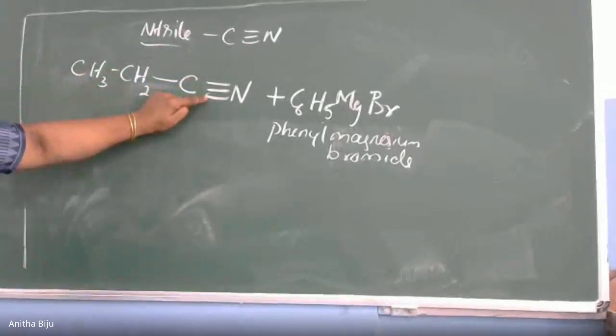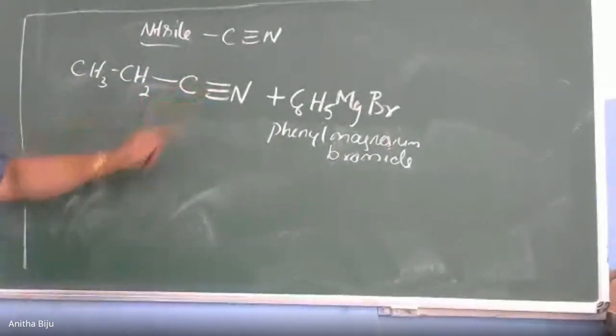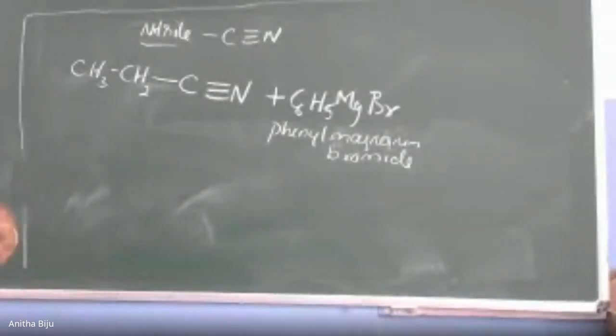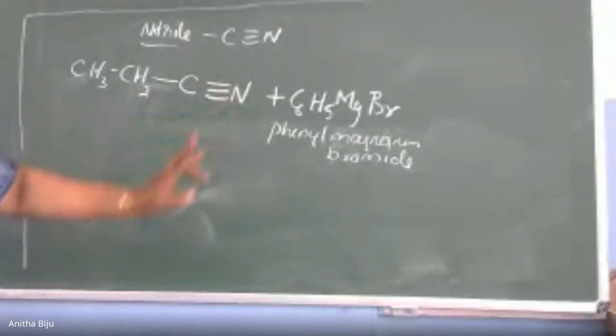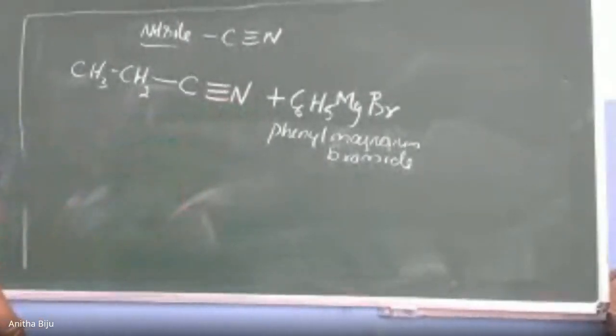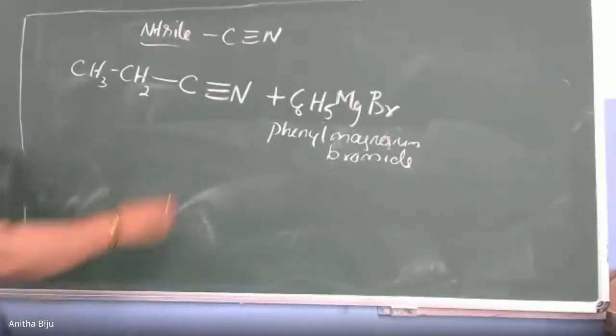Now, this triple bond means what? One strong bond, the remaining two bonds are weak bonds. When we compare the electronegativities of carbon and nitrogen, nitrogen is more electronegative than carbon. So, shifting of pi electrons takes place.